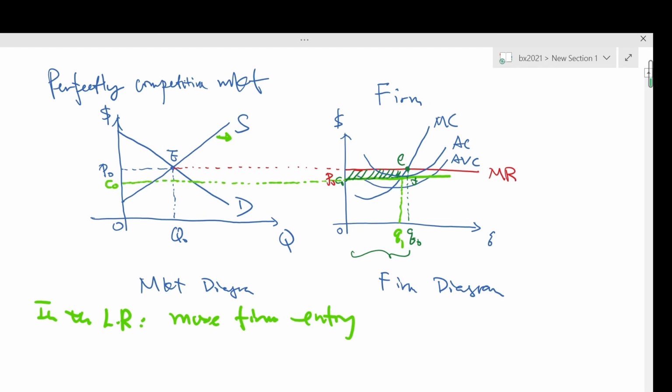So this is CO. So the entry should be such that this supply curve shifts to this, called S1.